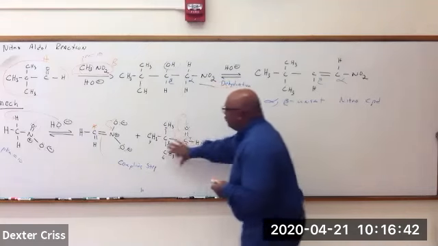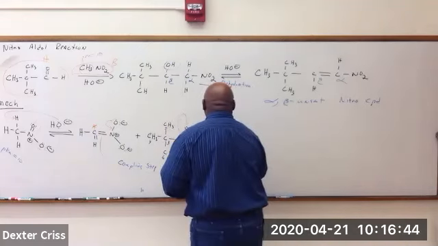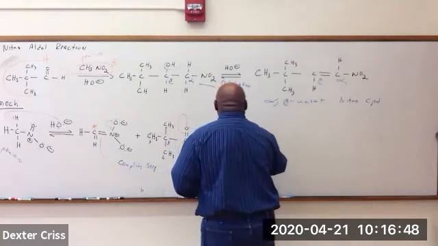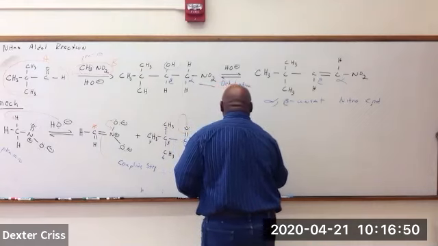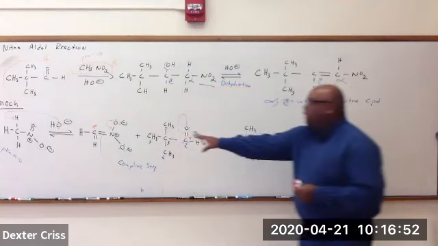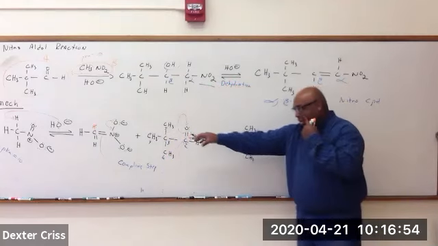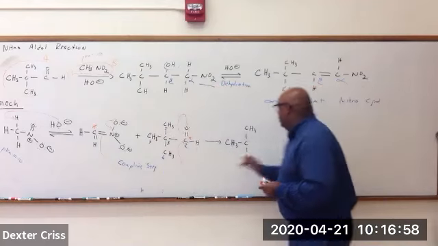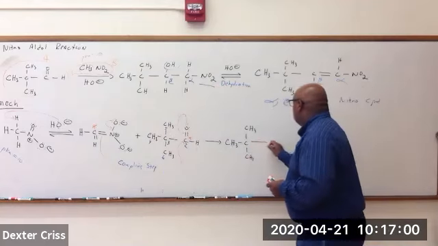So I want to draw this to the left. Because as I talk about being a creature of habit, I try to always draw my enols or enolates, or these nitronates, I don't know what they're called, to the right. So I'm going to draw this to the left.